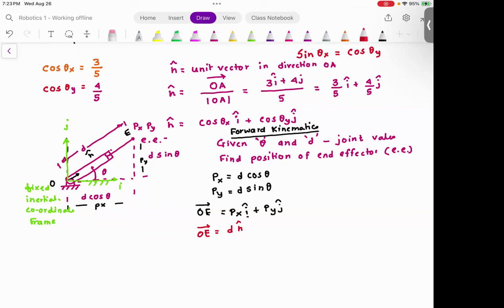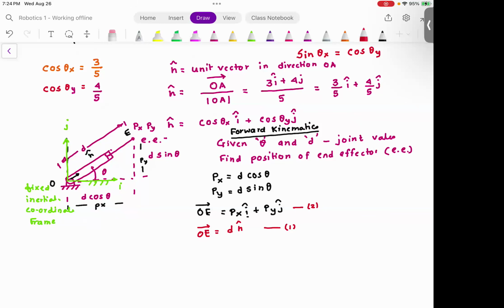So if I want to find out the position OE, now some of you may ask me, can we just replace n in terms of i and j? Absolutely. You can replace. If I want to convert equation 1 into equation 2, that is extremely important.